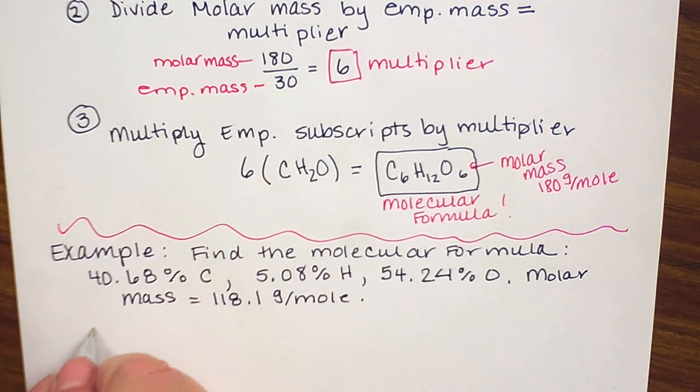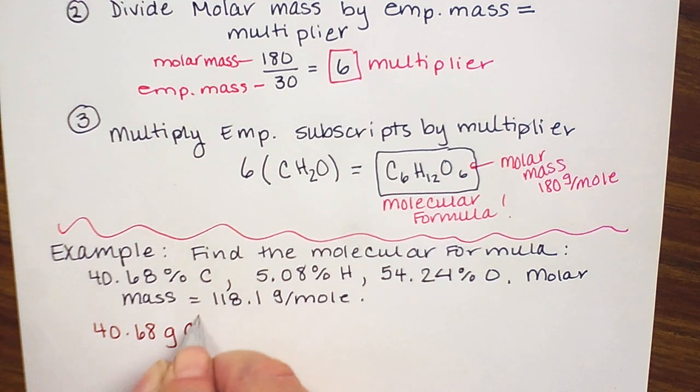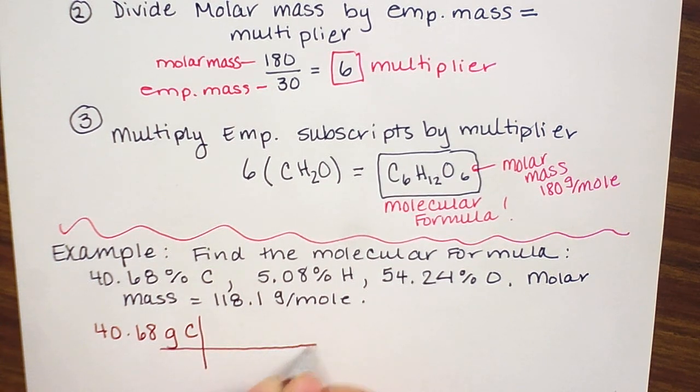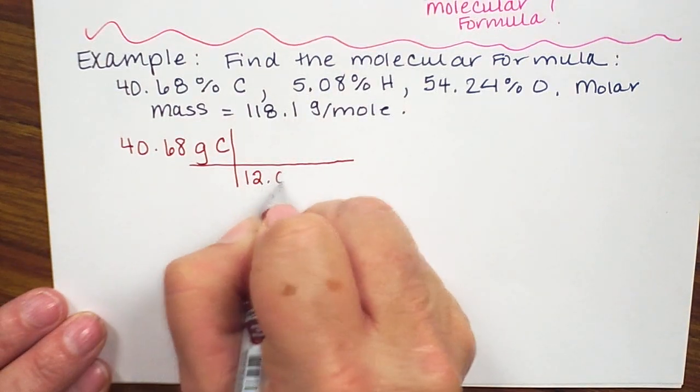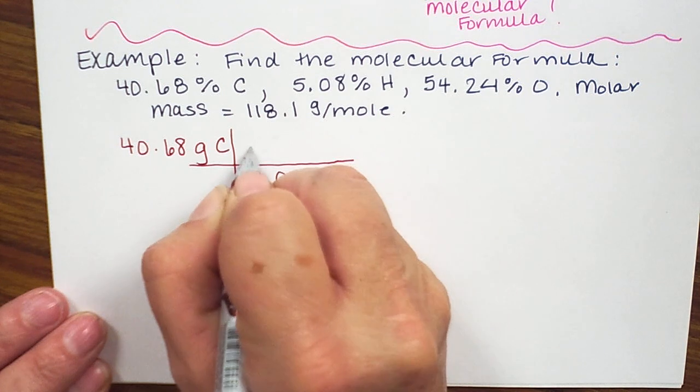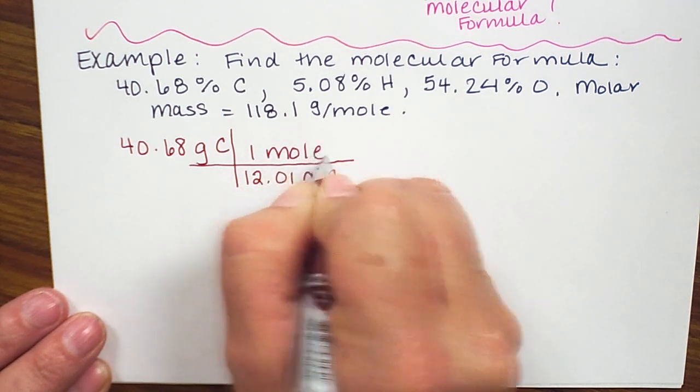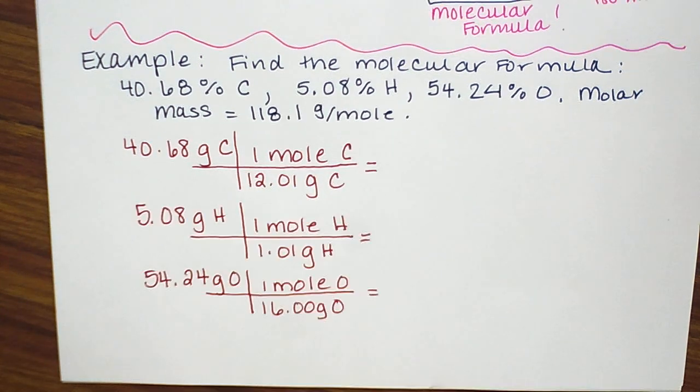Okay, so first, empirical, 40.68. Okay, so we're all set up to calculate the molar ratio. So we're going to convert all these grams into moles, and then we're going to divide by the smallest number of moles to find that ratio.